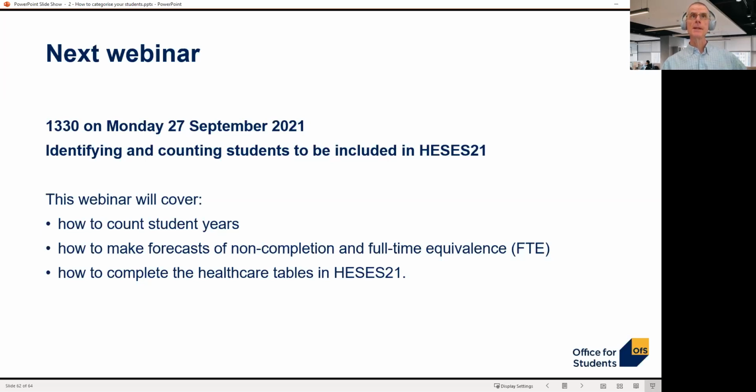As you can see, this is going to cover how to count student years, and that plays very much to some of the questions which Ross was talking about earlier about when years of instance start and so on. How to make forecasts on non-completion and full-time equivalents, which again, FTE was something which got mentioned in passing today. And specifically, we'll be looking at the healthcare tables, which I talked about just towards the end there.